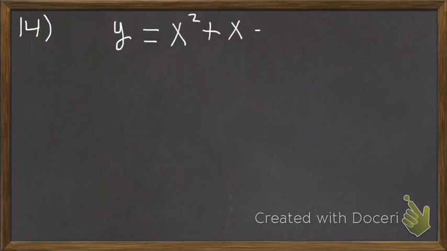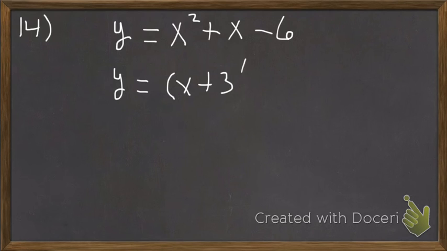All right, number 14 says to investigate the equation y equals x squared plus x minus 6. Well, let's see. This thing factors x plus 3, x minus 2.